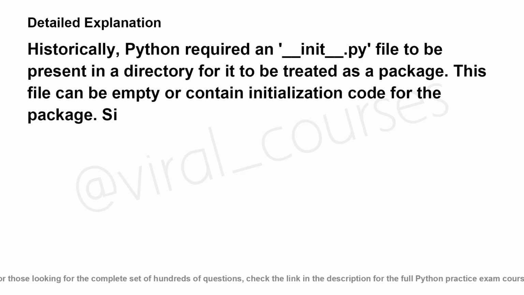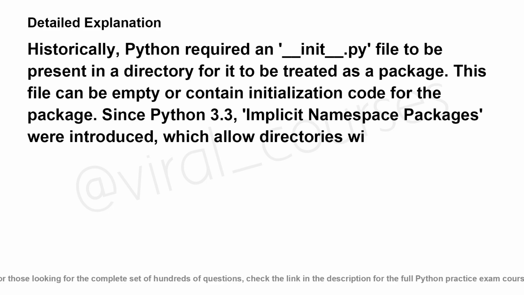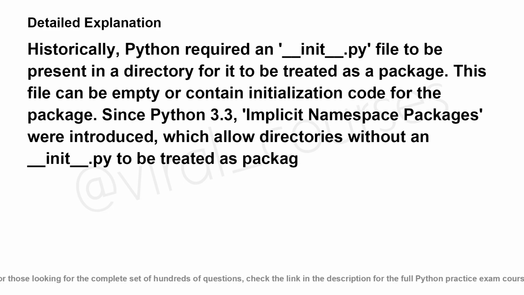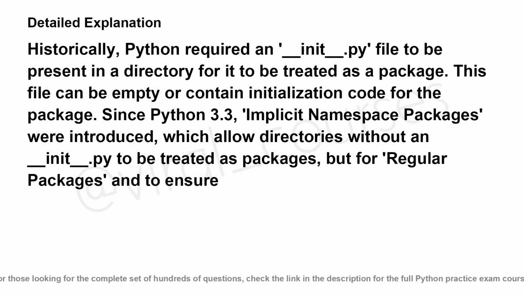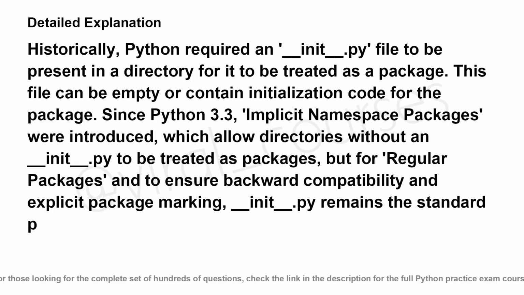Since Python 3.3, implicit namespace packages were introduced, which allow directories without an __init__.py to be treated as packages. But for regular packages, and to ensure backward compatibility and explicit package marking, __init__.py remains the standard practice.